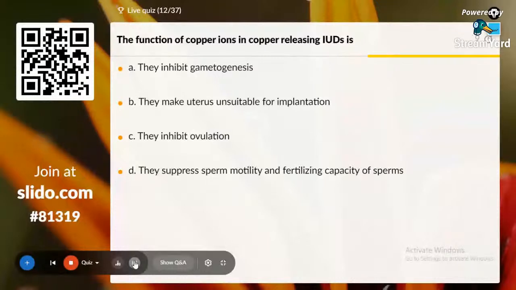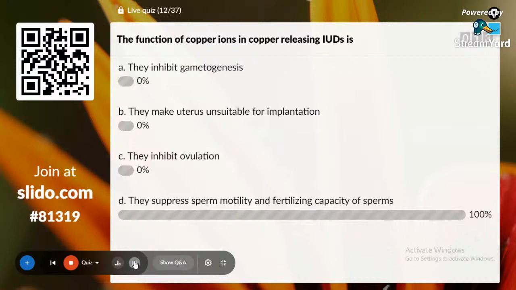And option D, they suppress the sperm motility and fertilizing capacity of the sperm. Copper releasing IUDs release copper. Very good. 13 of you voted with the correct answer. They suppress the sperm motility and the fertilizing capacity of these sperms. That is a function of copper releasing IUDs.